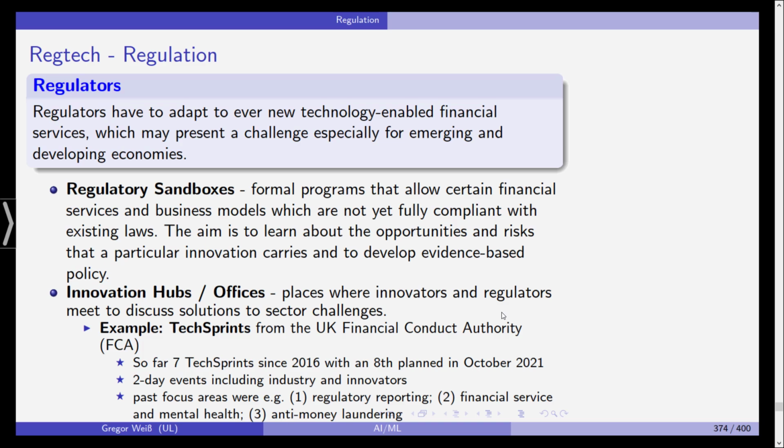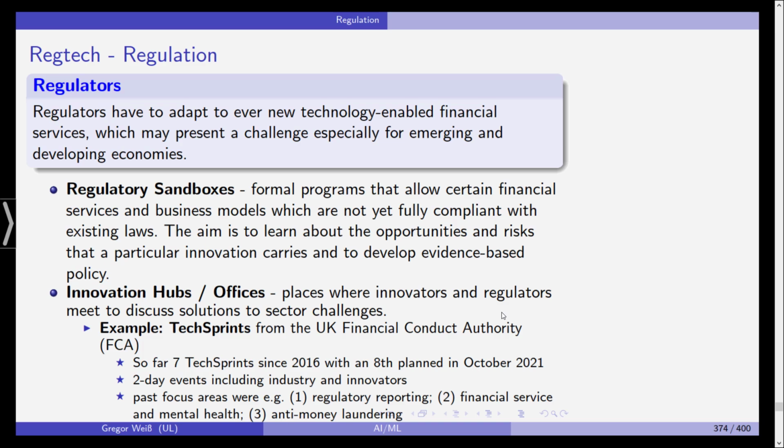It's a formal program that allows certain financial services providers and some business models which are not yet fully compliant with existing laws. And the aim is to learn about the opportunities and risks that a particular innovation in financial technology, for example, carries, and to develop evidence-based policy to see what regulators should do and what they should not do.